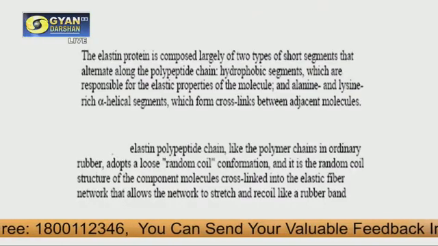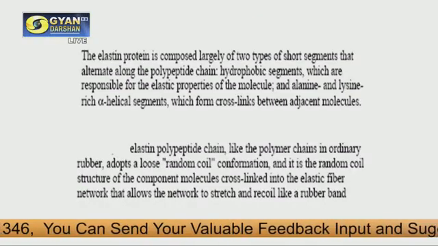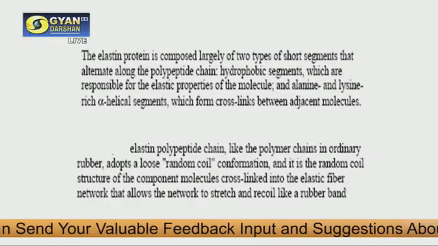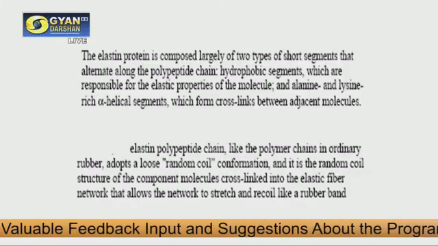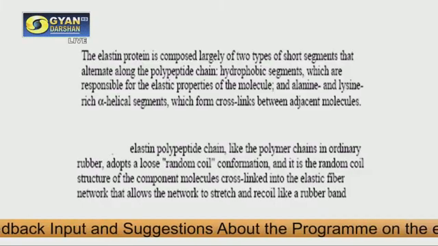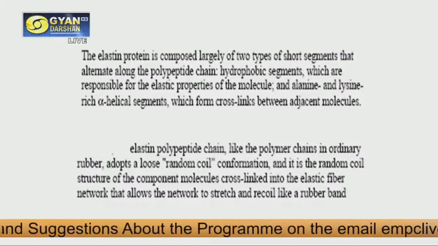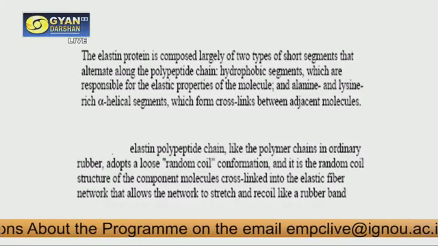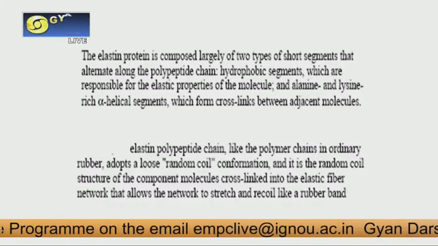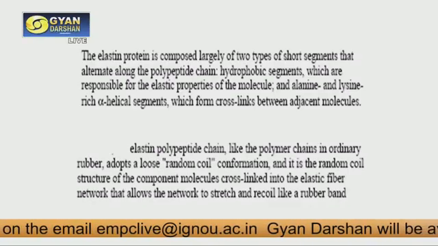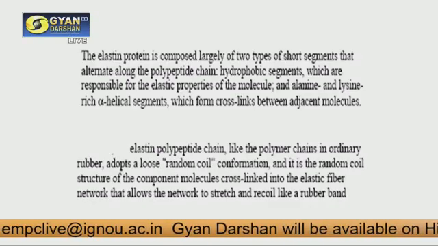The elastin protein is composed largely of two types of short segments that alternate along the polypeptide chain: the hydrophobic segments, which are responsible for the elastic properties of the molecule, and alanine and lysine rich alpha helical segments, which form crosslinks between adjacent molecules. So what are these crosslinks made up of?